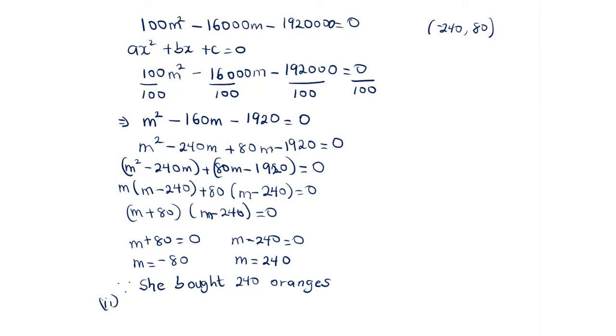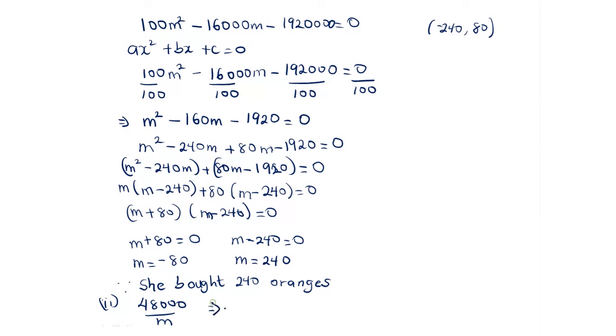The second part of the B question was to find the cost price of one orange. For the A part of the question, we had the cost price to be 48,000 over M. So we simply do our substitution.